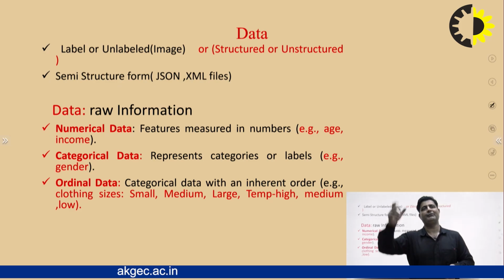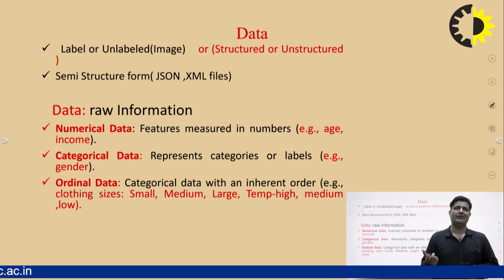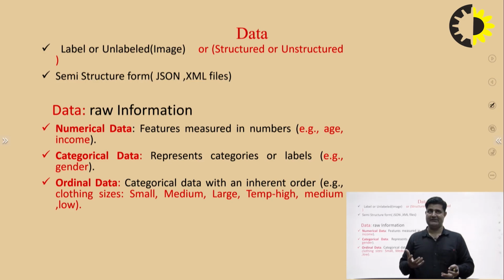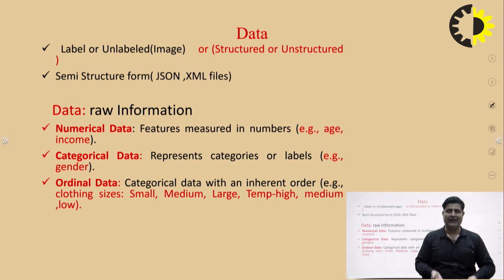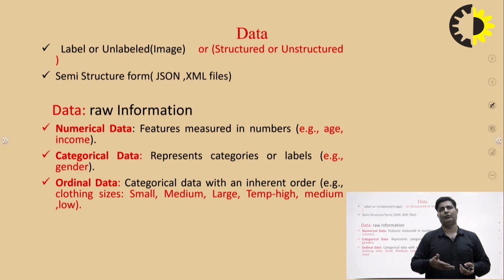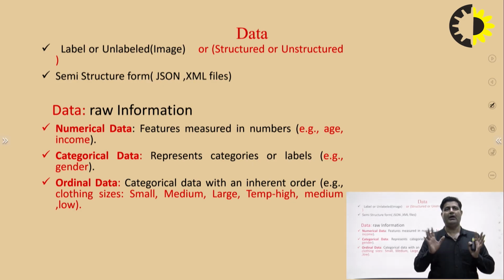Suppose the output feature is classified as either fail or pass. So the values in the data set, in either the input or the output feature, can be in category form: male, female, yes, no, temperature high, medium, low.